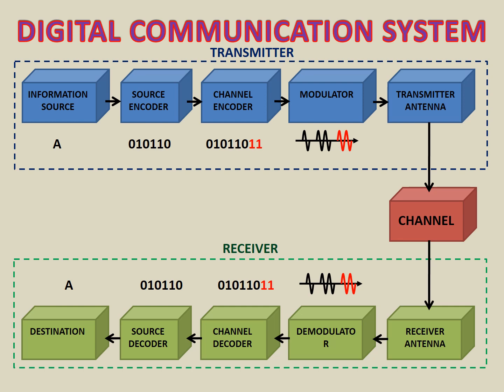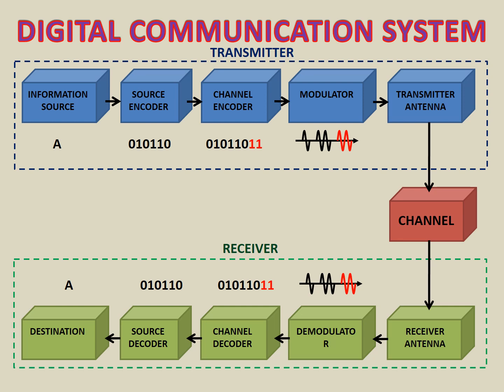This digital communication system has mainly three blocks: transmitter, channel, and receiver. Transmitter also has five blocks: information source, source encoder, channel encoder, modulator, transmitter antenna, and receiver also has five blocks: destination, source decoder, channel decoder, demodulator, and receiver antenna.